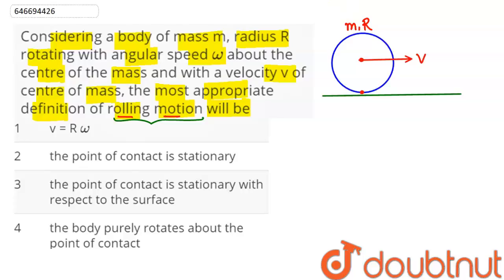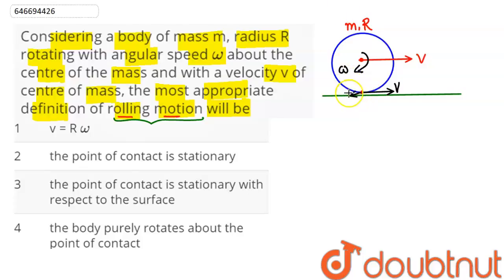Hence we can say this point of contact will have translational velocity v in the positive x-axis, same as the direction of velocity of the center of mass. And for pure rolling, this point of contact must have net velocity with respect to the surface as 0.